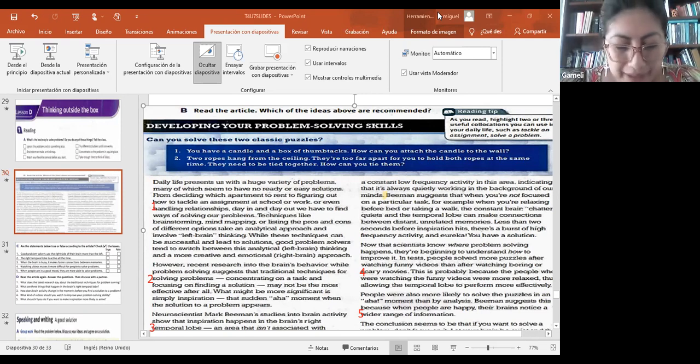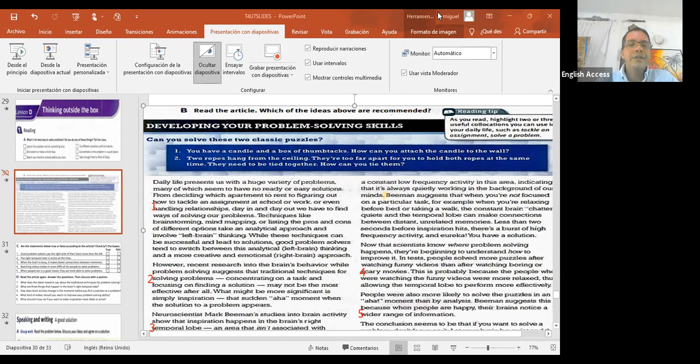Techniques like brainstorming, mind mapping, or listing the pros and cons of different options take an analytical approach and involve left brain thinking. While these techniques can be successful and lead to solutions, good problem solvers tend to switch between this analytical left brain thinking and a more creative and emotional right brain approach. Okay, excellent. Thank you.